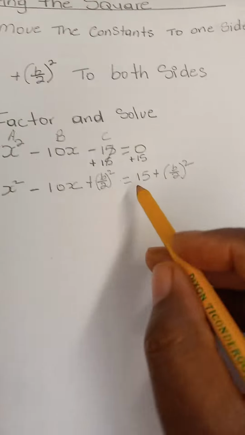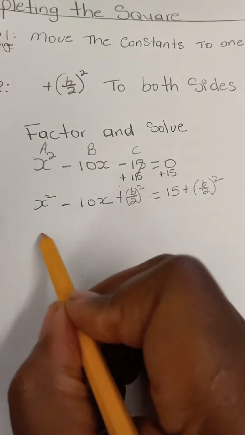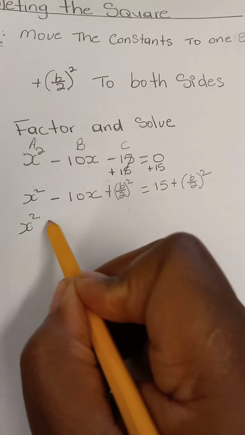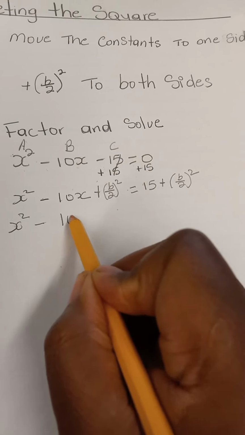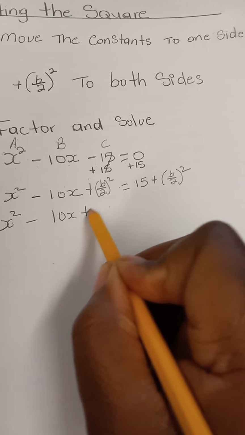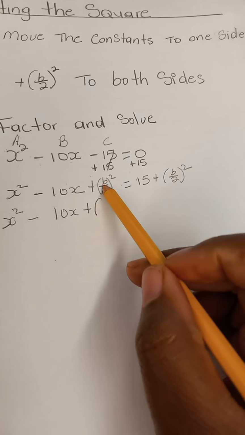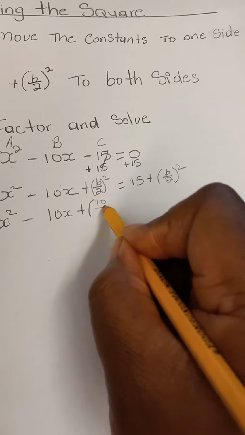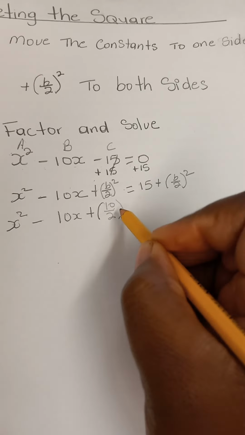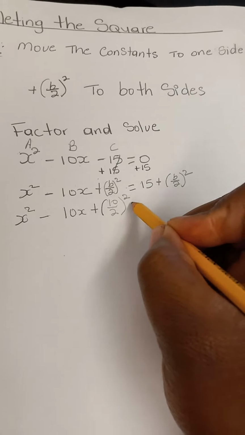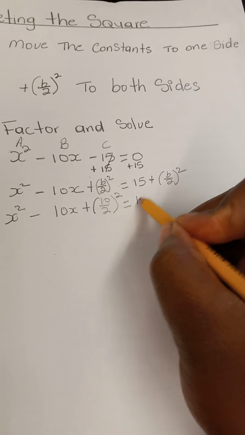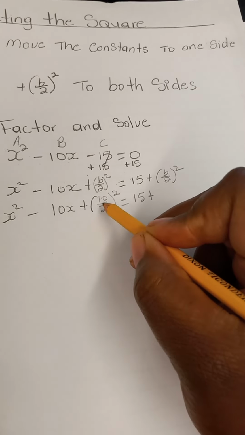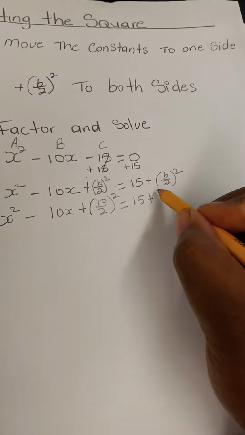So now I'm going to rewrite. I have my x squared minus my 10x, and I'm going to plus. What is my b? My b is 10. So 10 divided by 2, and I'm going to square that. Don't forget your square. It is equal to 15 plus the same thing I'm going to put here, right?